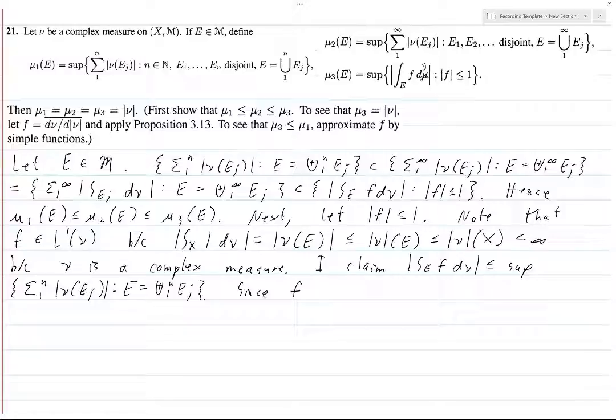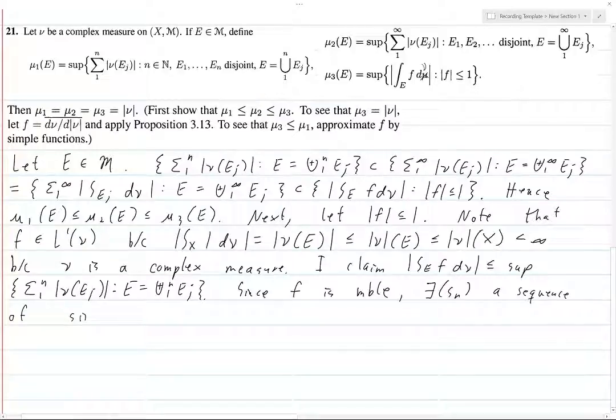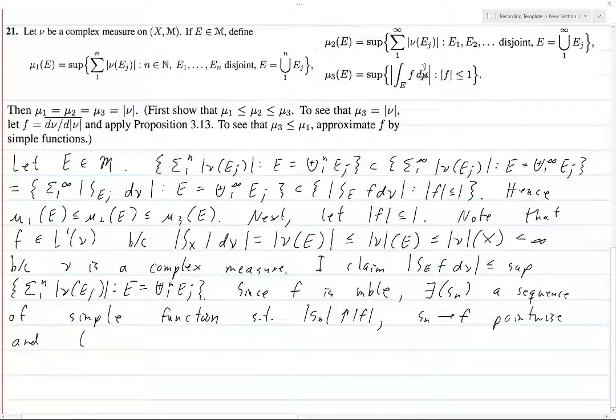Since f is measurable, there exists S_n, a sequence of simple functions such that in norm S_n increases to f, and then S_n goes to f pointwise and uniformly.